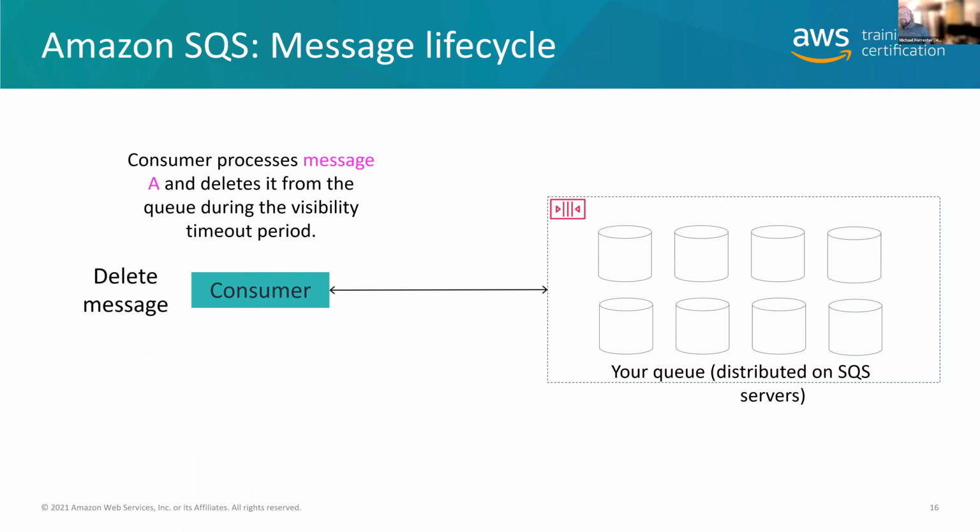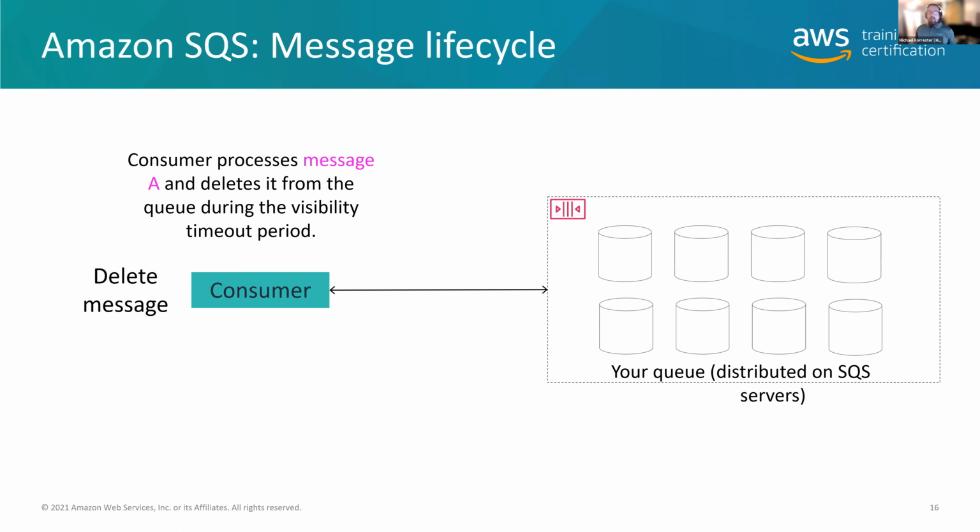By default, a message is retained for 4 days. You can change the queue's retention to be up to 14 days or as low as 60 seconds using the set queue attributes action. But just know that when you retrieve the message, you actually do get a receipt handle. When you go to manipulate a message on the queue, you have to resubmit that receipt handle.